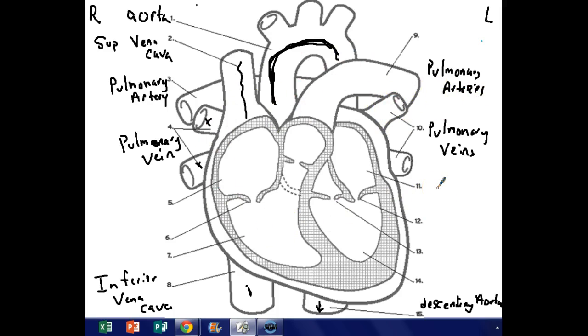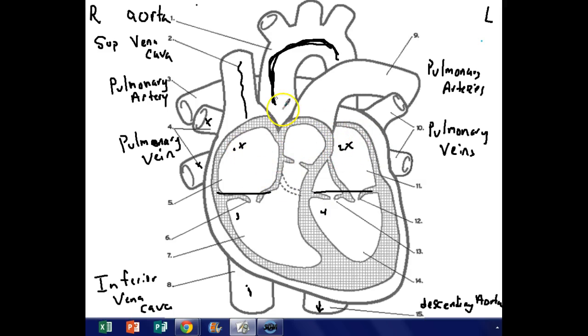Now let's look at the inside of the heart. Things we need to note here: we have 4 chambers. These two, 1 and 2, represent the top chambers. These represent the bottom chambers, so 3 and 4 are your bottom chambers. The top chambers collect the blood from the outside.